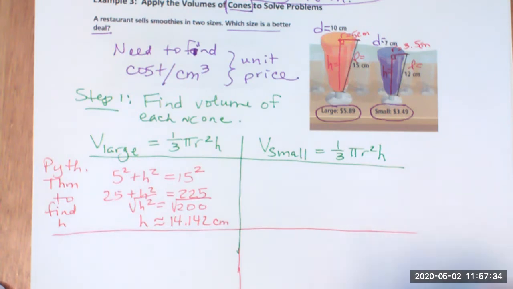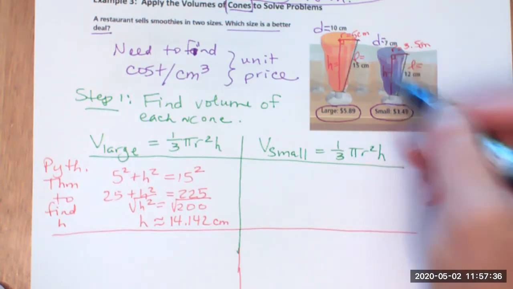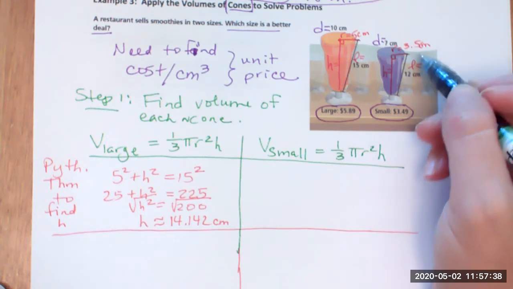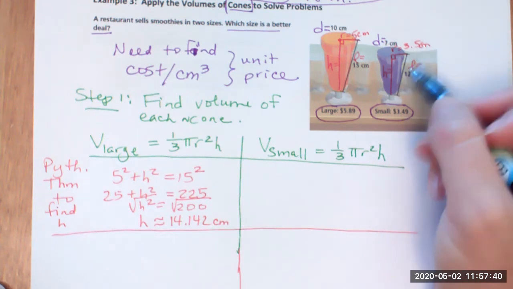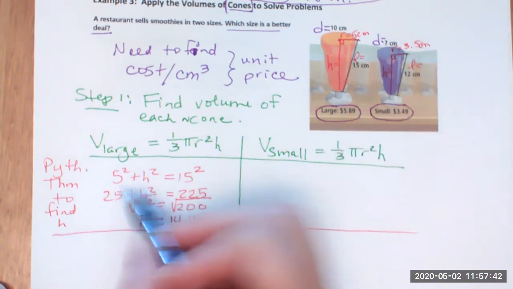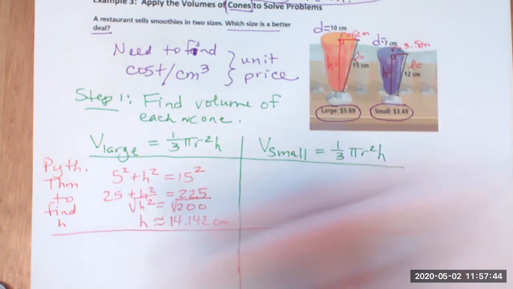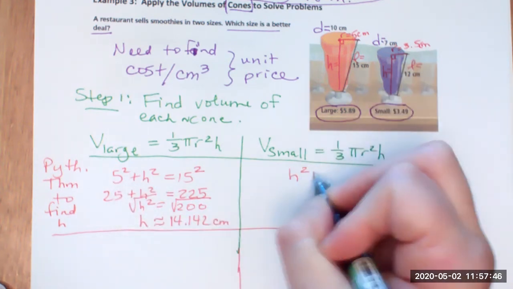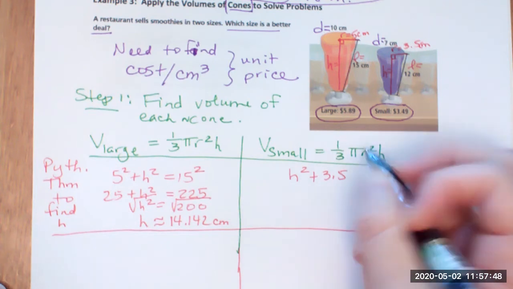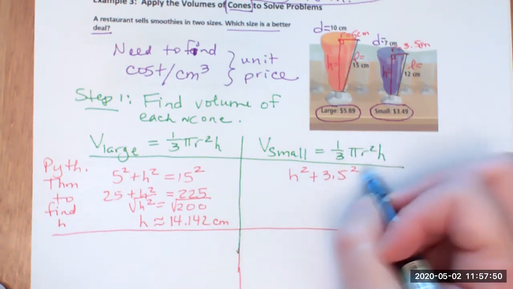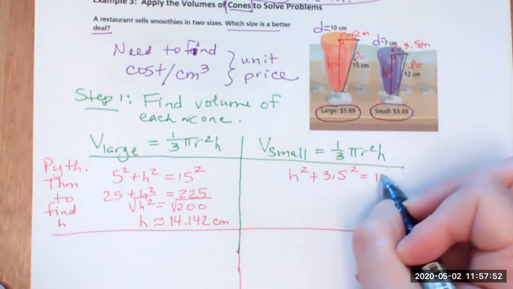Okay, so I need to do the same thing for the small. Just to be different, here I wrote 5 squared and then h squared; here I'll write h squared and then 3.5 squared. It doesn't make any difference. That equals 12 squared.